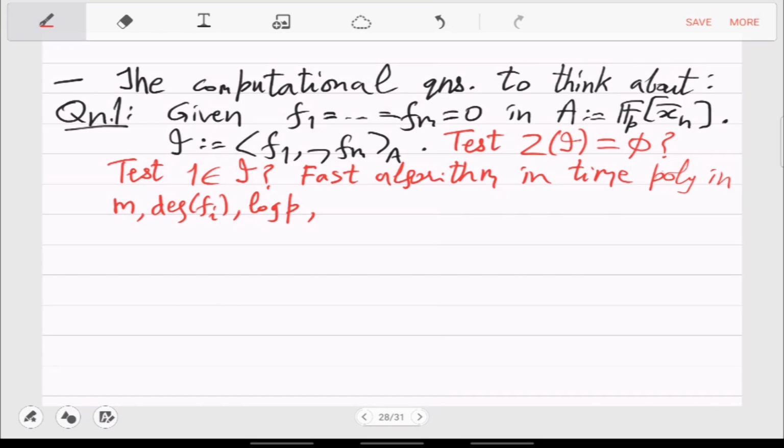N is also the number of variables. And finally, how were these fi's represented? So there is some size bound. These are all the parameters in which you would want a fast algorithm.